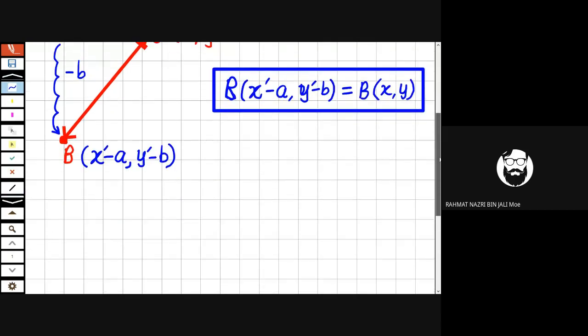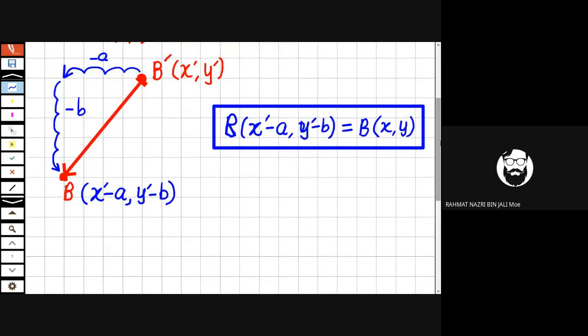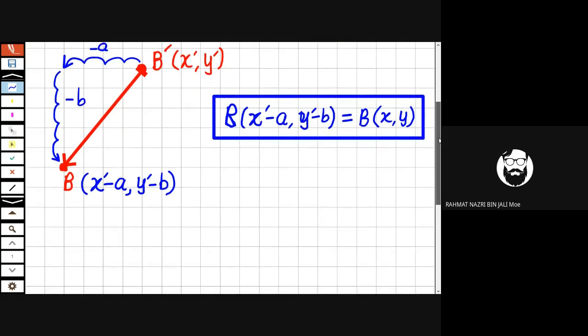Okay, saya bagi satu contoh. Saya tulis di bawah ini terus. Contoh. Example. Okay, satu titik B. This is image with the coordinate 4, 4.